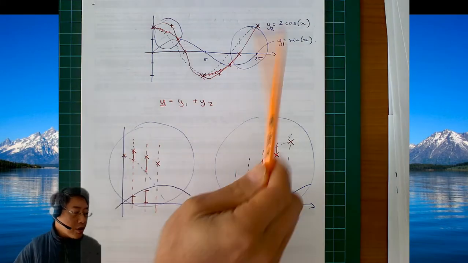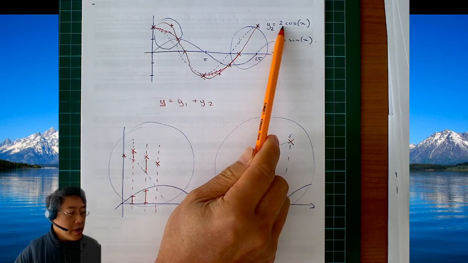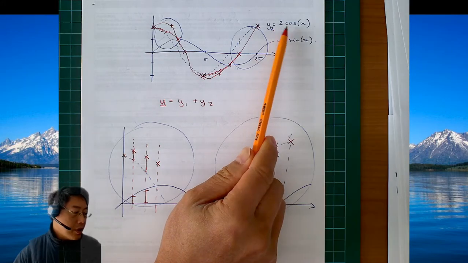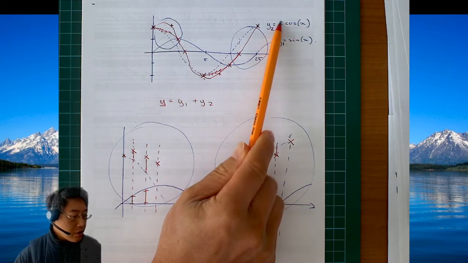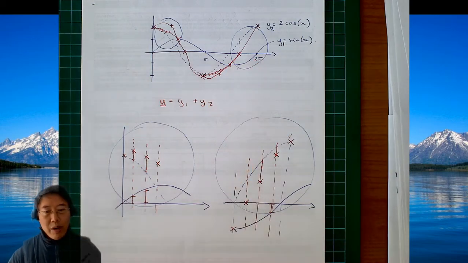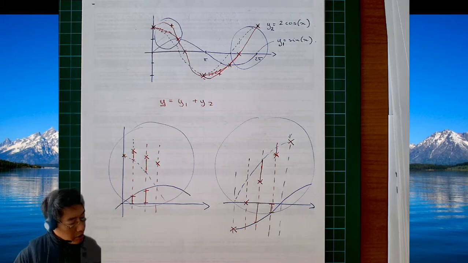Now, if there wasn't a 2 in front of one of the functions, you could use either cos or sine of x plus y. That would work. So if there wasn't a 2, you would come up with a function that will have a period of probably pi.